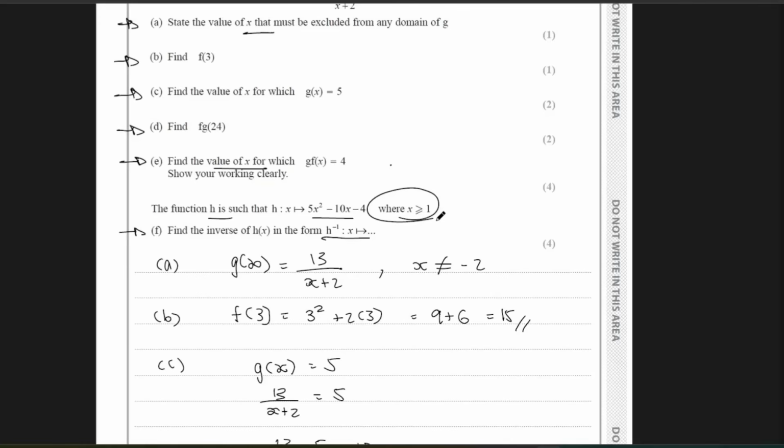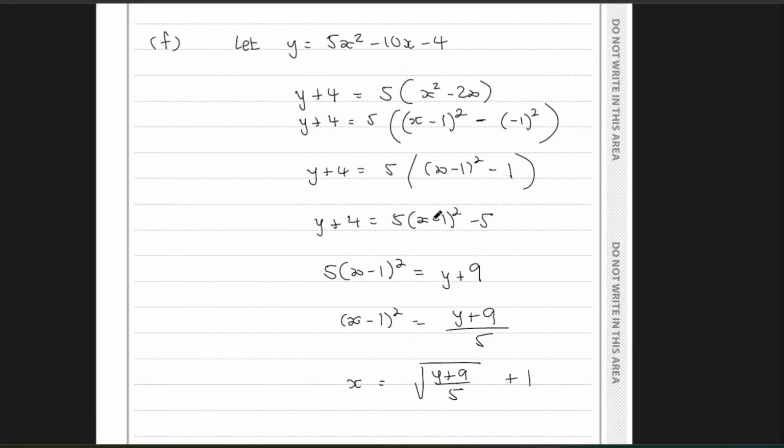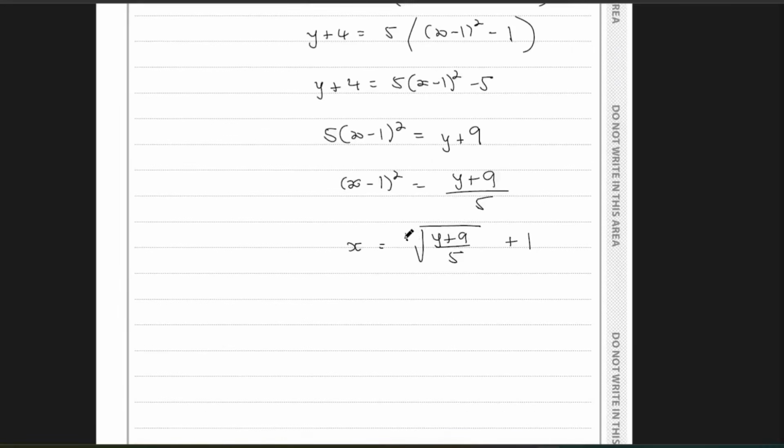Since x has to be greater than or equal to 1, we cannot include plus or minus sign here. If we have minus sign here, that would mean that the overall value will be less than 1. Because there's plus 1 here, 1 minus anything will make the x value less than 1. That's why we'll be rejecting the negative answer. We'll just keep the positive answer. So x is equal to square root of y plus 9 over 5 plus 1.